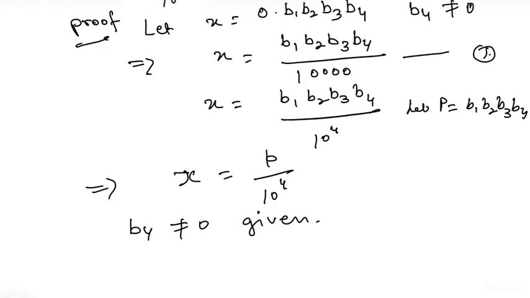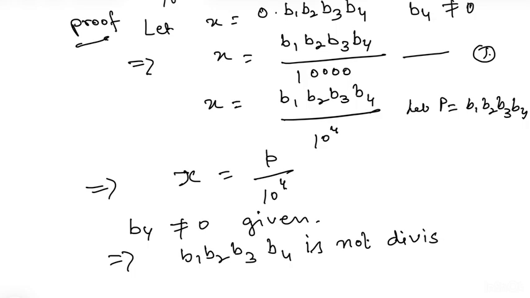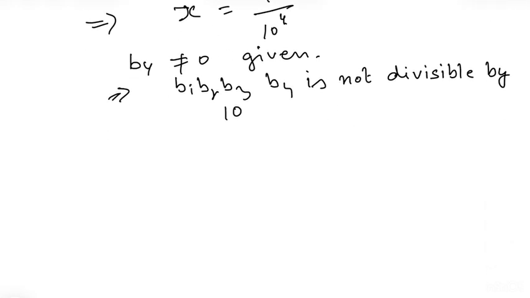But b4 is not 0, so this implies b1 b2 b3 b4 is not divisible by 10, or p is not divisible by 10.